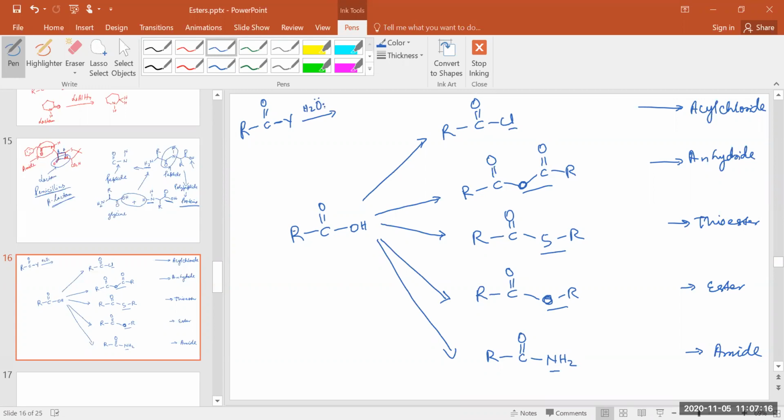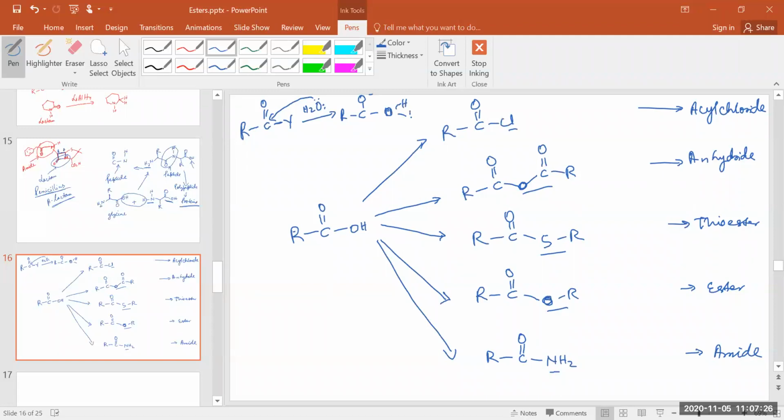Y is a leaving group. So this is the general mechanism. O minus, OH2 plus, and Y. So this is deprotonation, and then the Y will leave. So what will it form?